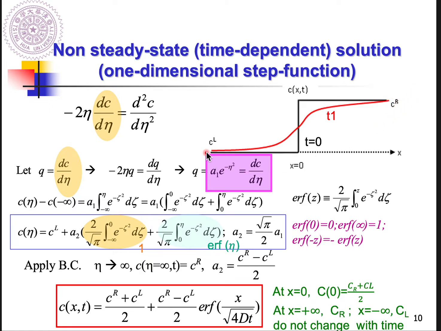And the concentration at both these locations does not change with time. So if in your case the concentration at the two ends of your samples changes with time, then you cannot use this solution.